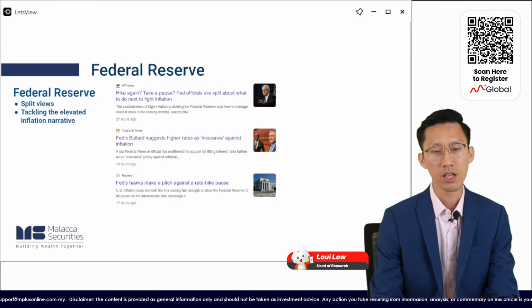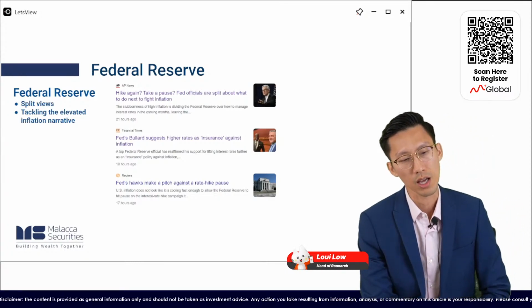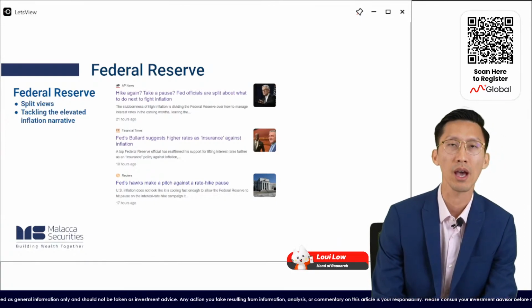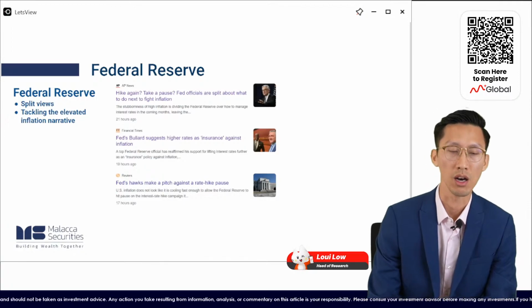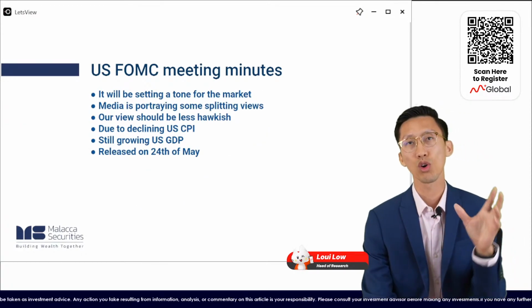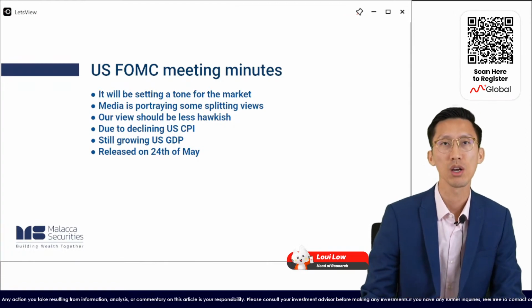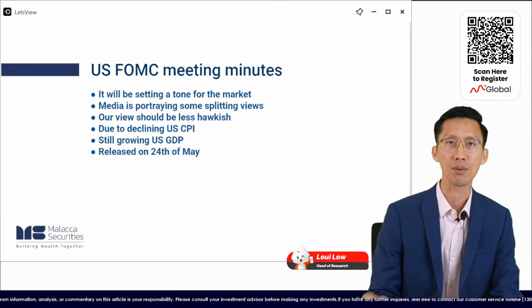But since there is news that the Federal Reserve has split views, and the main agenda here is still to tackle the elevated inflation narrative, our view in terms of these US meeting minutes is that they will not change much and will not have a lot of significant details coming out.